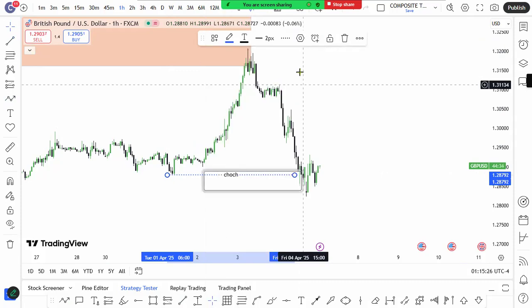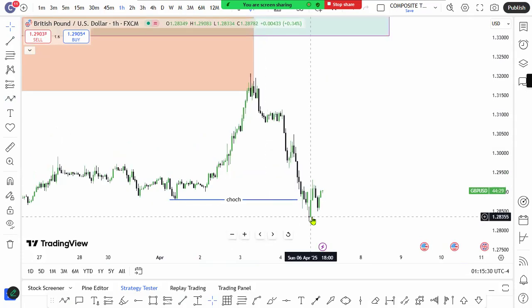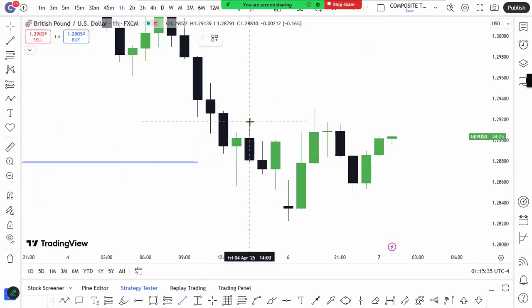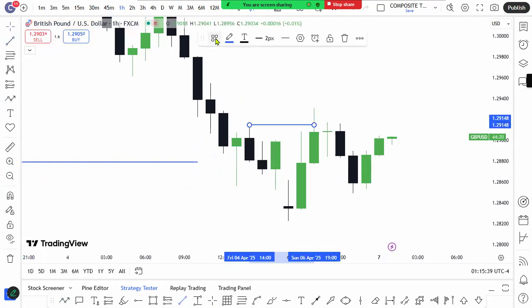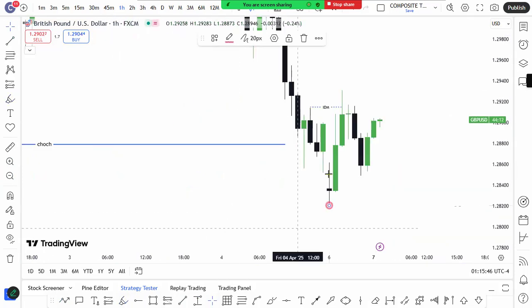So getting that change of character, we needed inducement. Look at this area. Inducement is here. It's already been taken out. So this means that this low is already confirmed and we need a proper supply.